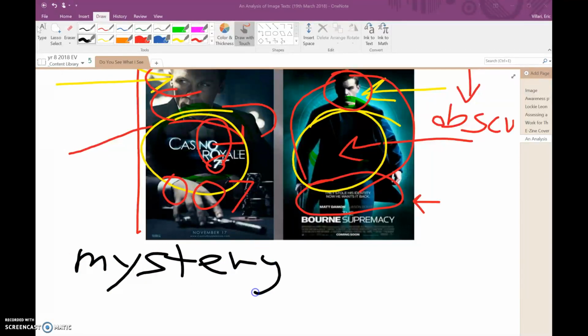We've got the idea of intrigue, and these things I think I could say come through in the quality, the tone of the poster, the colours, the darkness, the very clear titling, Casino Royale, 007, the matched up title and the number of the spy, and his code number, and the Bourne Supremacy, which tends to introduce us, of course, to the idea behind it, the fact that his identity has been stolen.